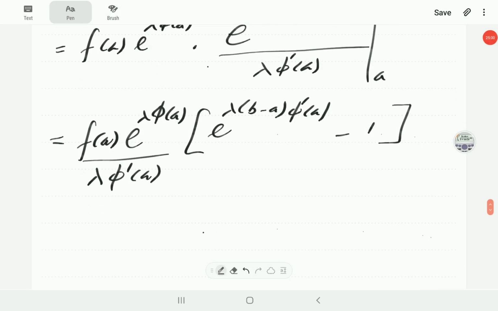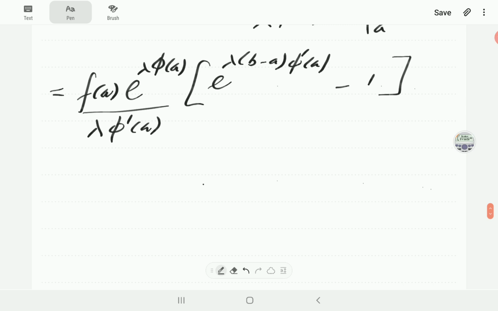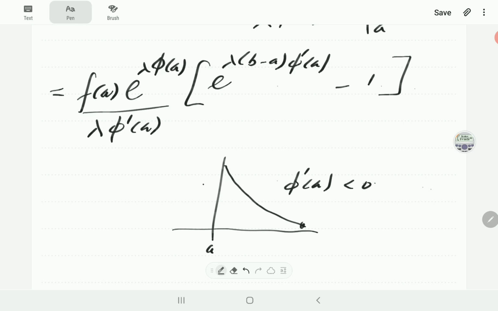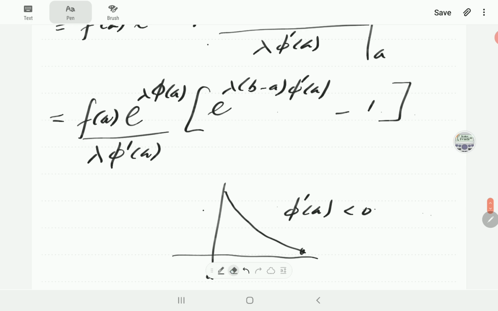Now, the only way that phi can be a maximum at a is if the derivative of phi at a is negative. So this is t equals a, that is phi there. So the only way it can be a maximum is if that derivative is negative. So that tells you that this thing is negative here. So in this group of terms, this term is positive, this term is positive, this term is negative, so this whole term is negative.